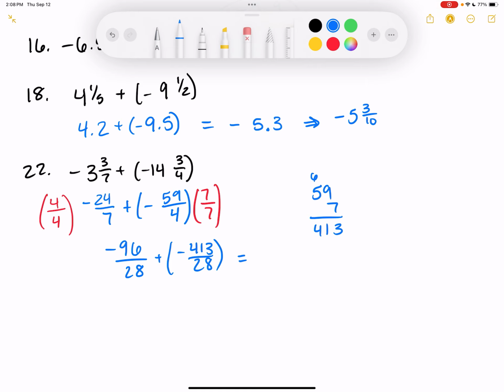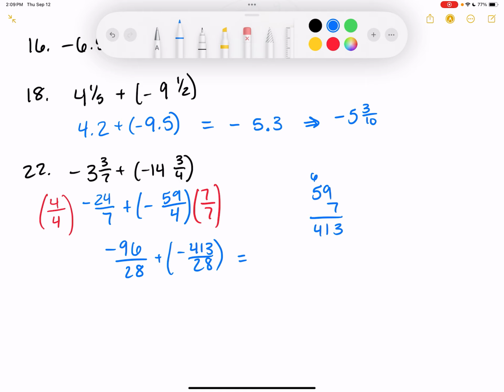Both are negative, so I need to add them together. They're both negative, so I need to add the numerators together. So 96 plus 413 is 509.